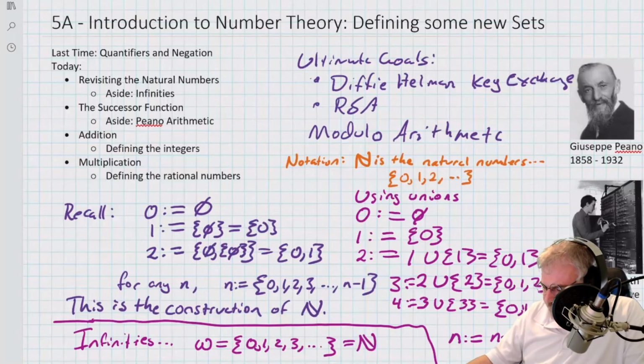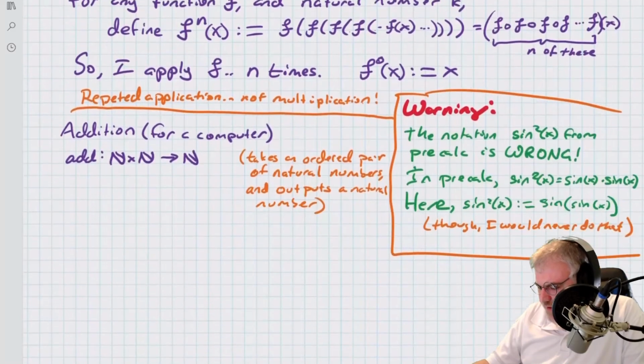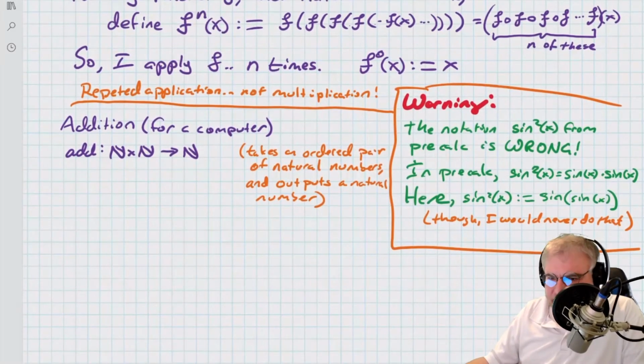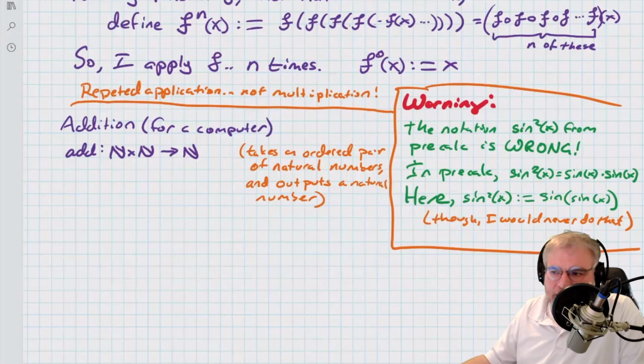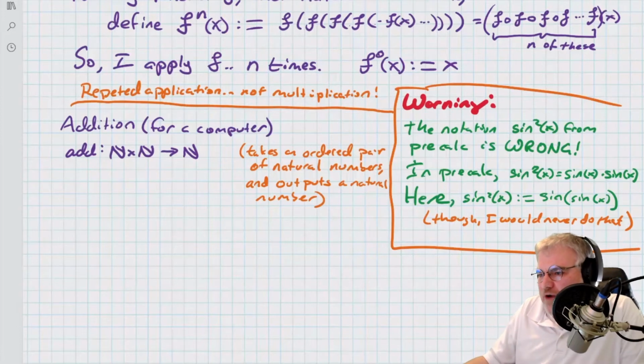I know that's a little weird for some of you, because it depends what you define as the natural numbers. For us, we include 0. Some people don't.